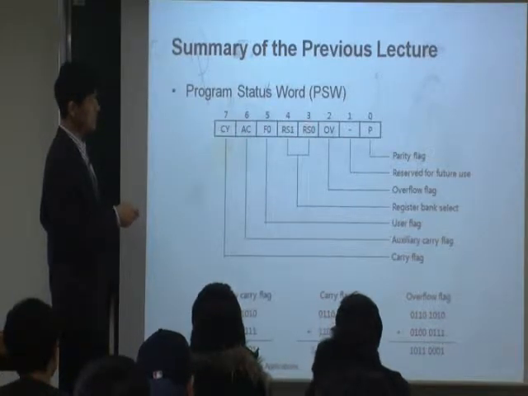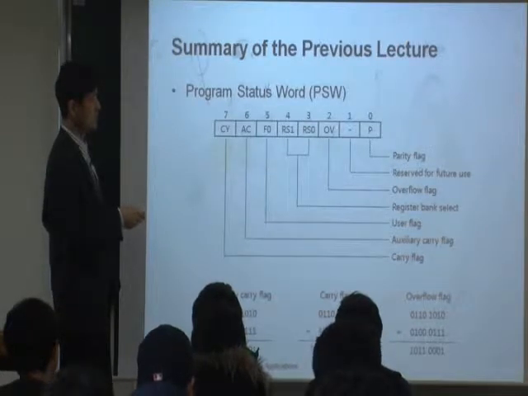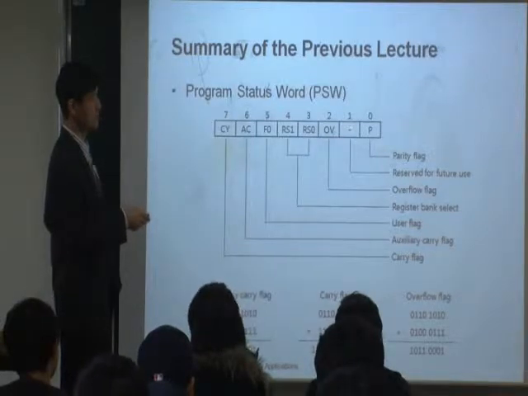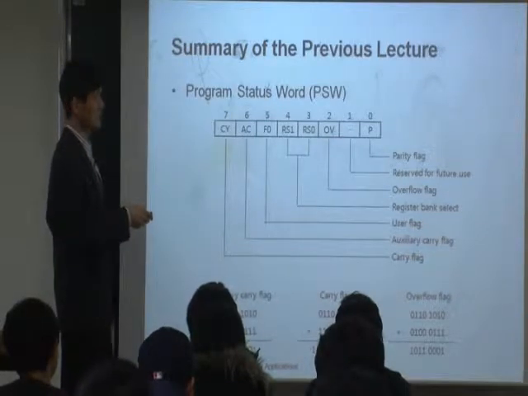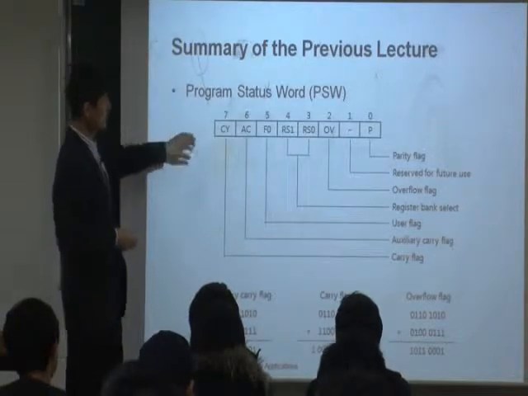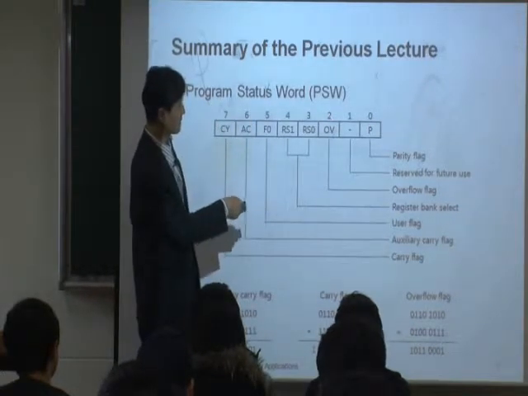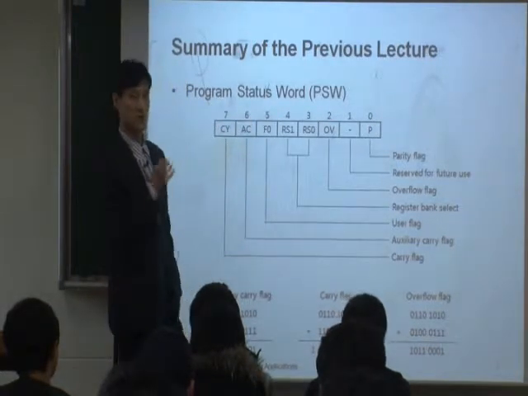These 2 bits are for bank select, okay? And this one, overflow. And last thing is parity. This one is reserved for later use, so you don't care. So what we need to look at here is the 7th, 6th, and 2nd, and the last bit. Okay, those 4 bits we need to know.